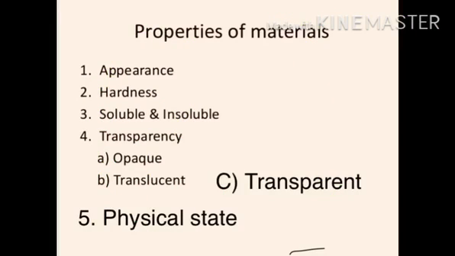The properties of materials are appearance, hardness, soluble or insoluble, transparency, meaning the object is opaque, translucent or transparent, and physical state of material. First we start with physical state.